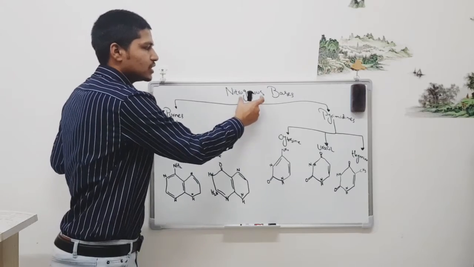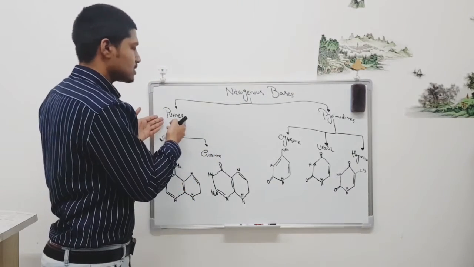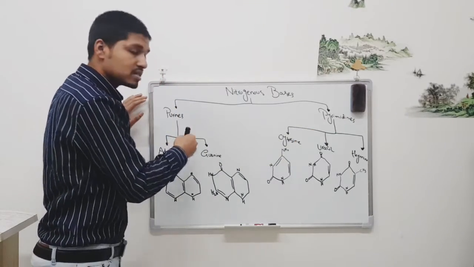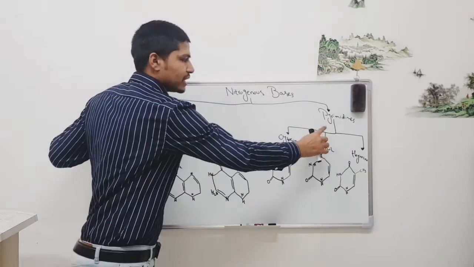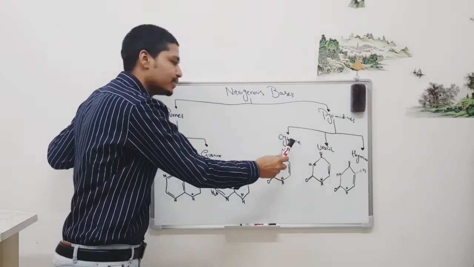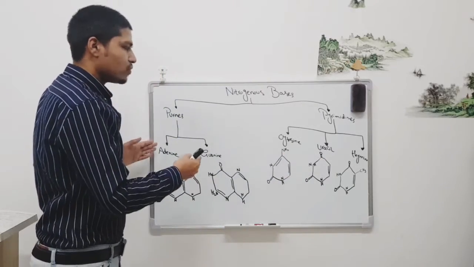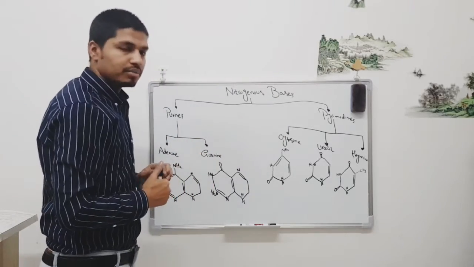Okay, after I drew the structures for you, let me explain. There are two kinds of nitrogenous bases: the purines and the pyrimidines. The purines are further classified into adenine and guanine, and the pyrimidines are further classified into cytosine, uracil and thymine. Okay, so first we will look at the purines and then we will look at the pyrimidines.